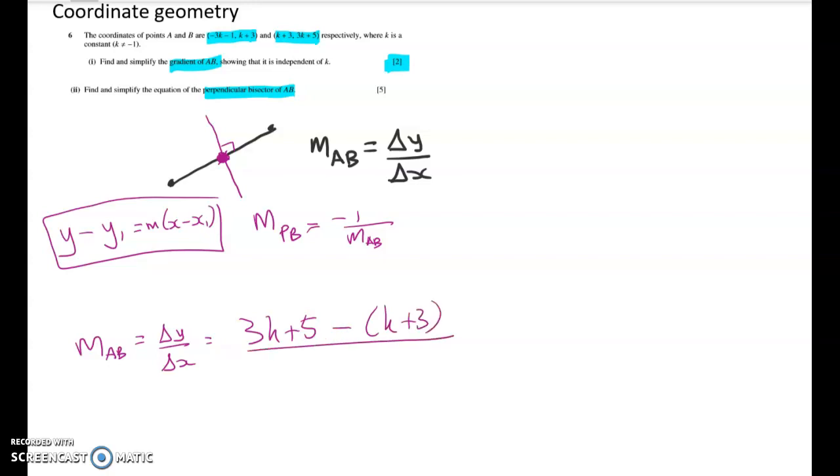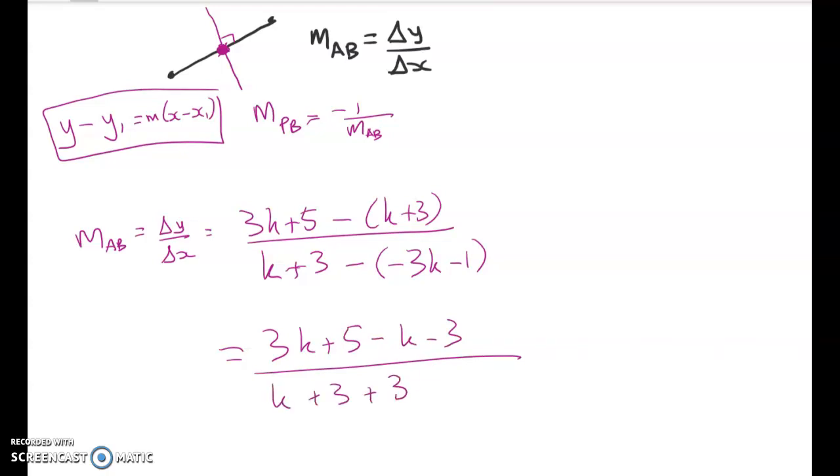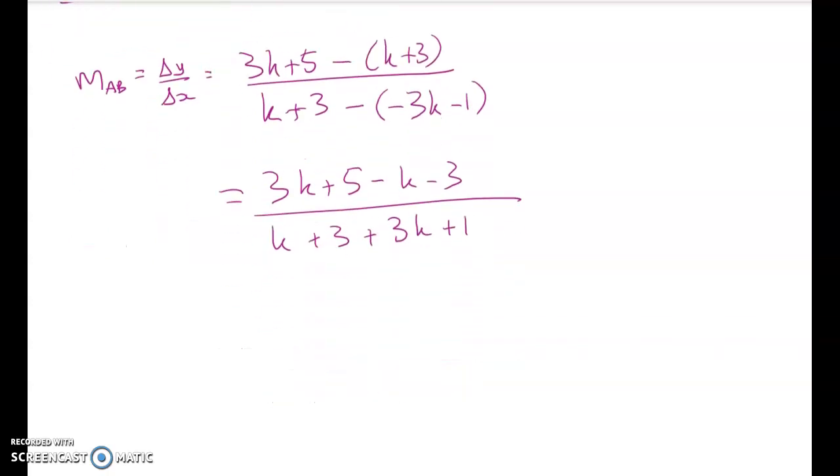That's the change in y, and then we've got the change in x, which is (k plus 3) minus (-3k minus 1). All we have to do is to clean that up and hope that somehow the k's are going to disappear. So we've got (3k plus 5 minus k minus 3) over (k plus 3 plus 3k plus 1). That gives me (2k plus 2) over (4k plus 4).